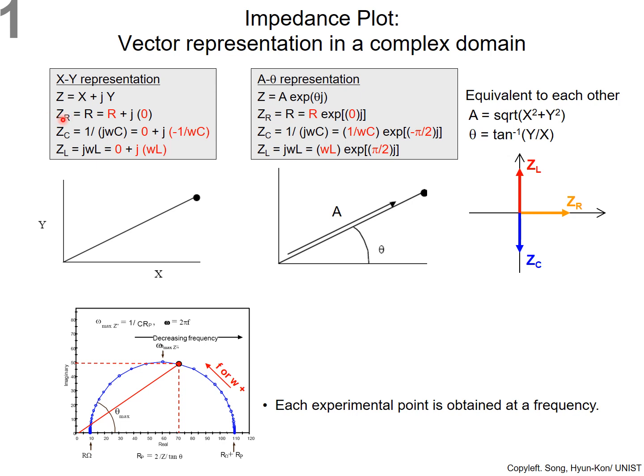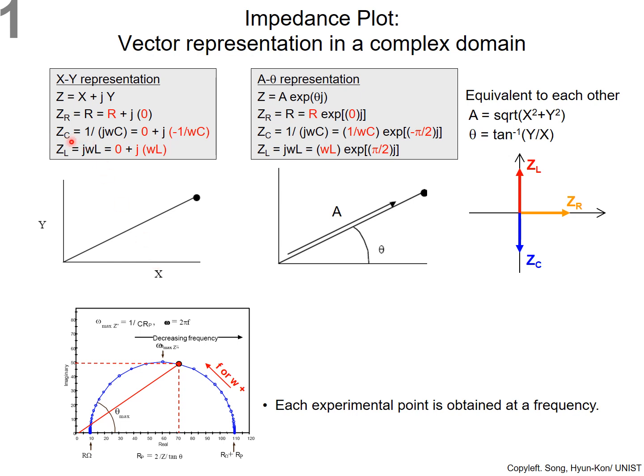The impedance of a resistor is just the resistance. We have said that, that is to say, R plus j with 0. It means you could find the resistance only on the x-axis.